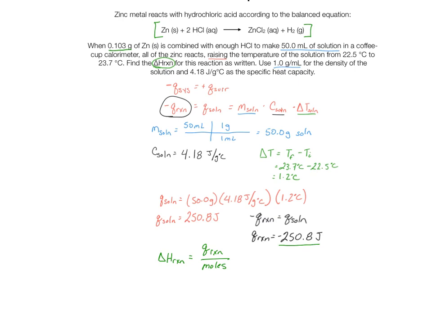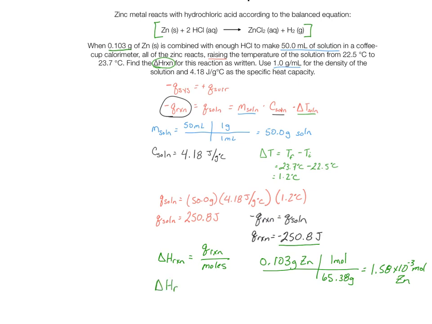And so to do that, I'm going to take the 0.103 grams of zinc, and I'm going to convert that into moles. And so the molar mass of zinc is 65.38 grams per 1 mole, which means that 1.58 times 10 to the minus 3 moles of zinc actually reacted.